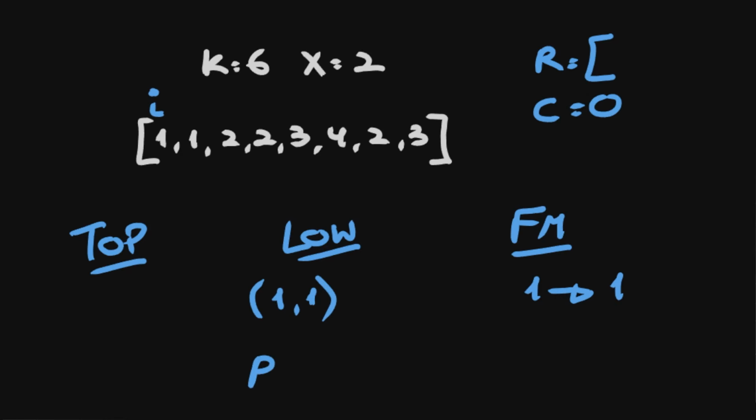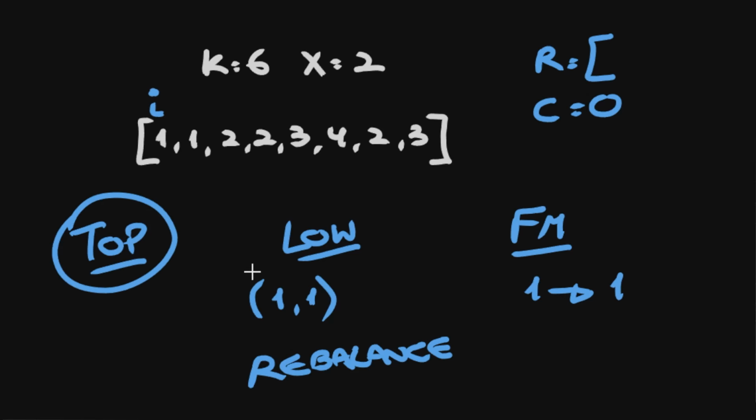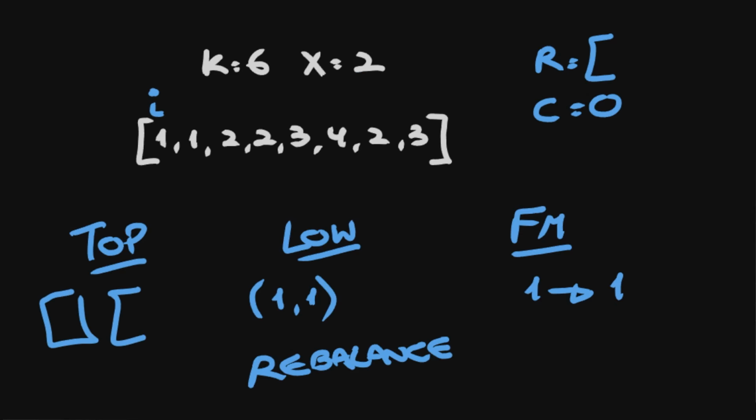And now we can rebalance this. And what this means is if top is not full or we have elements to swap with low, we need to move this here. In this case, x is 2, so we have 2 empty spaces here. So we can move this here.